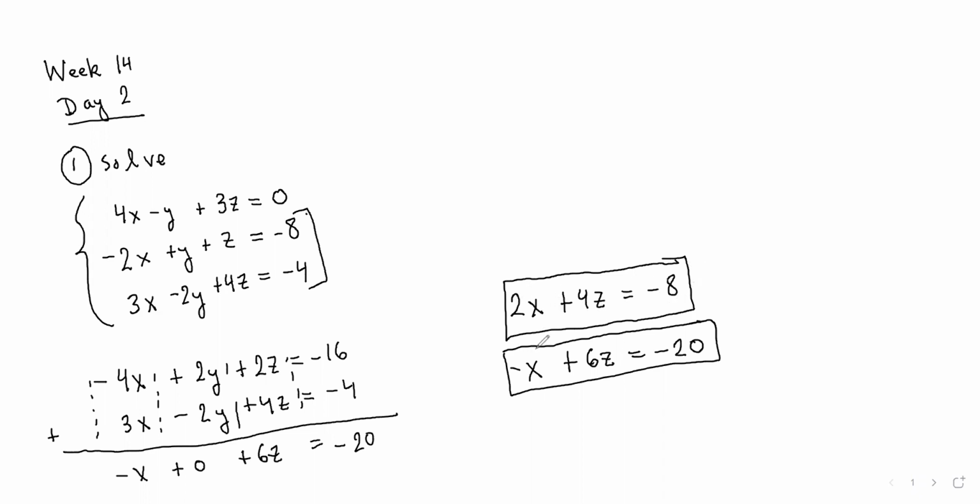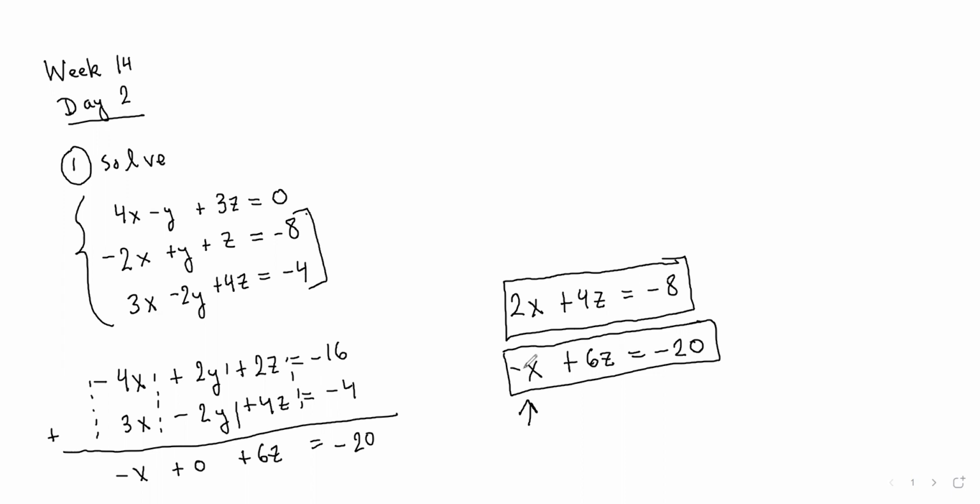For example, we can eliminate x, then solve for z, and then plug that value into any equation and get x. So we'll use these two equations, and I'll say it's easier to get rid of the x. Notice in the second equation, if we could get a 2 in front of this x, so it would be minus 2x, we could add the two equations and eliminate the x.